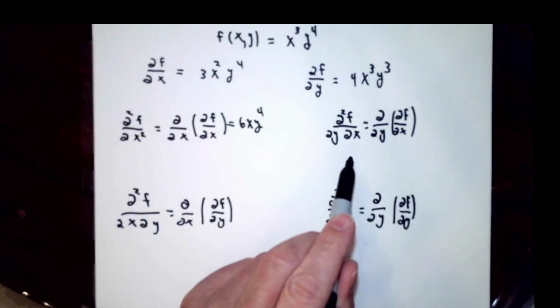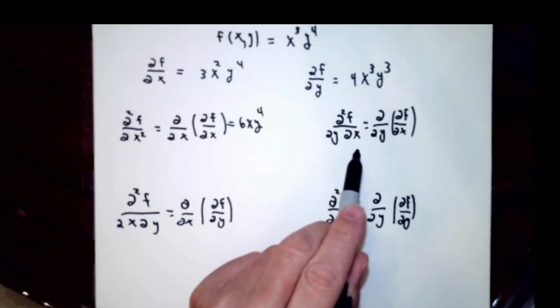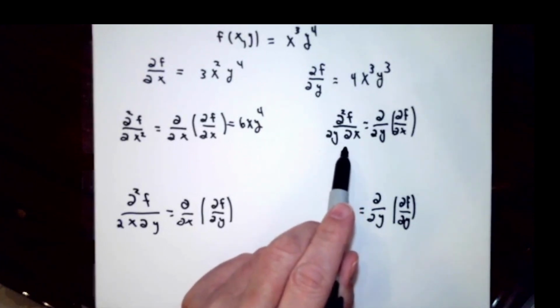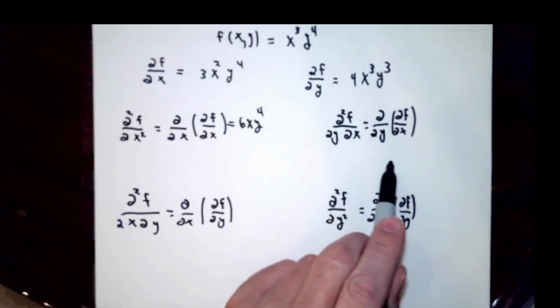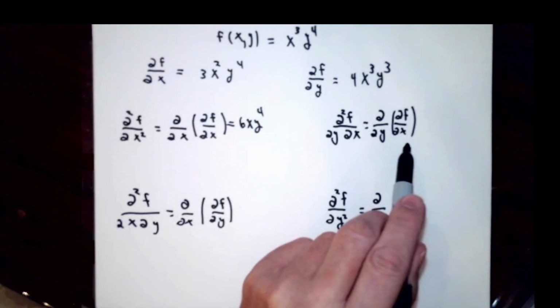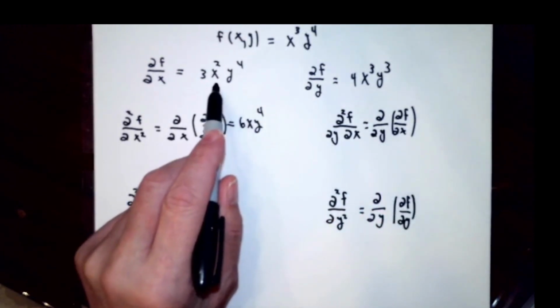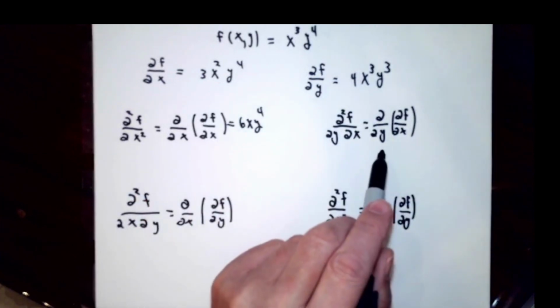To get the second partial of f first with respect to x and second with respect to y, I'm going to differentiate partial of f with respect to x, this same function, except this time I'm going to think of y as being the variable and x as being a constant.